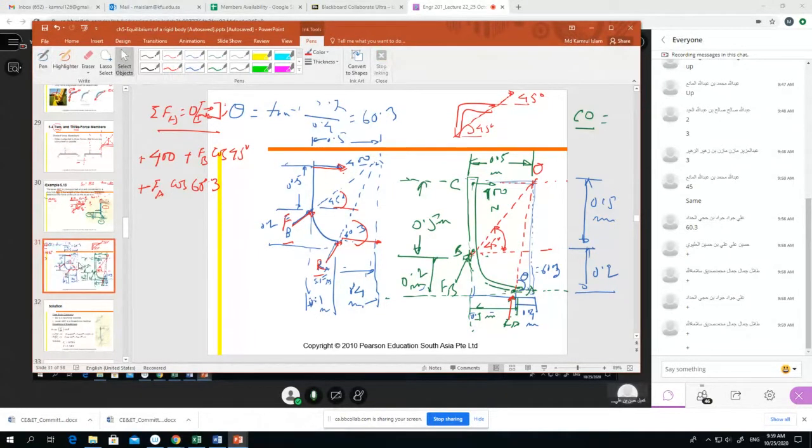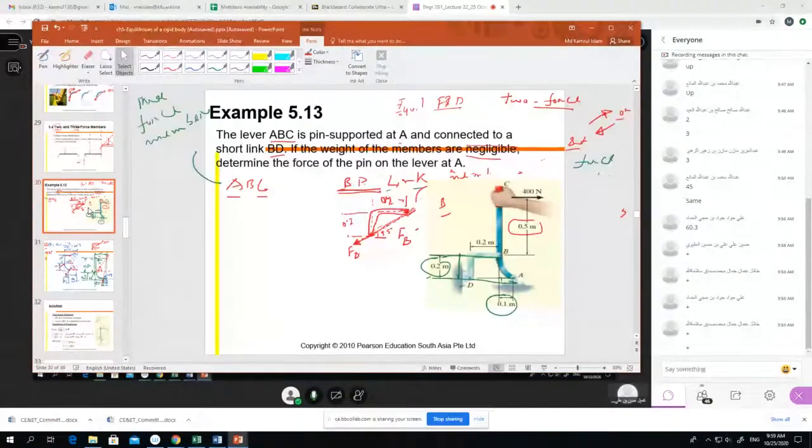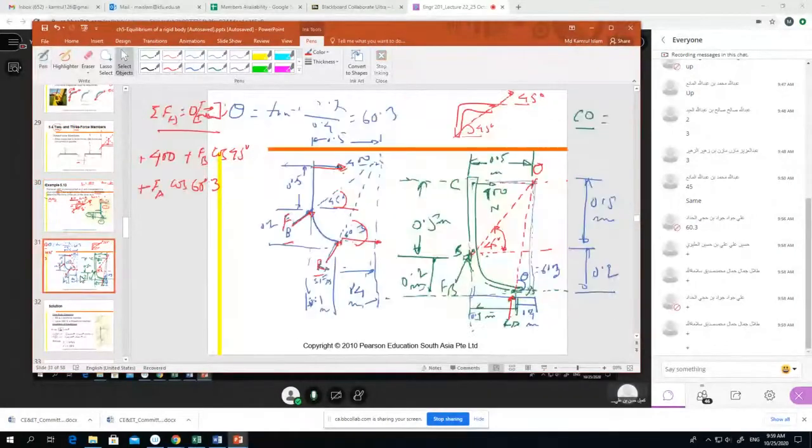Now look, I think we are doing something wrong, right? What was our force here? We assumed FB is upward, so I wrote down the wrong picture here. In that case it will actually be downward.